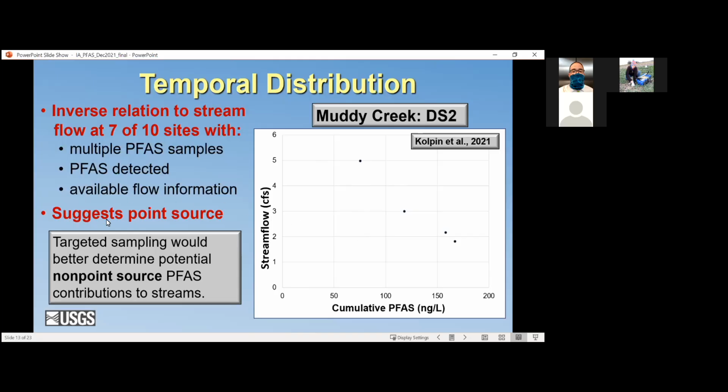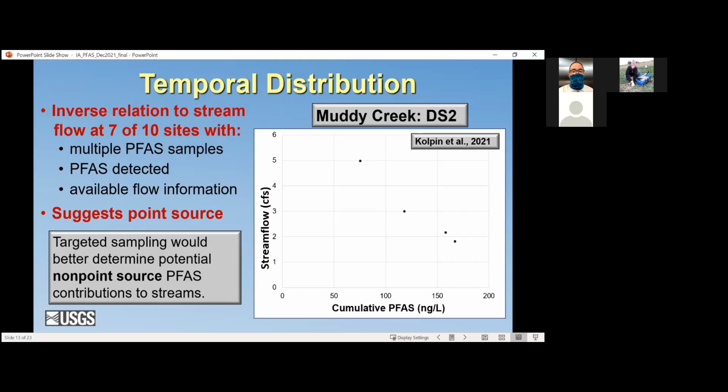Now, there are multiple reasons for this inverse relation, but certainly a point source, as is happening here in Muddy Creek, with that discharge pipe coming out of the wastewater treatment plant, is one possible explanation. If it was a non-point source, you generally would have a positive relation to stream flow.